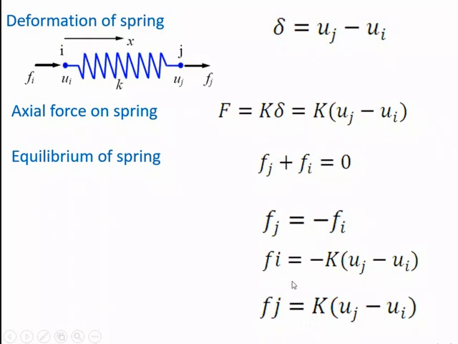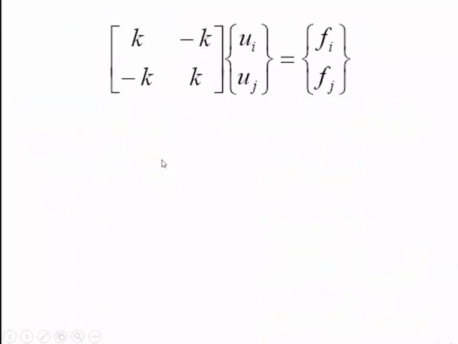These two equations for two nodes we can write in matrix form. Fi is equal to K Ui minus K Uj, and Fj is equal to minus K Ui plus K Uj.